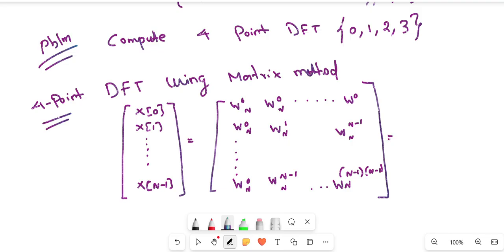Because we need to constrain for the FFT, I will just tell you how to calculate by using the matrix method in a simple way. Okay, x of n minus 1.